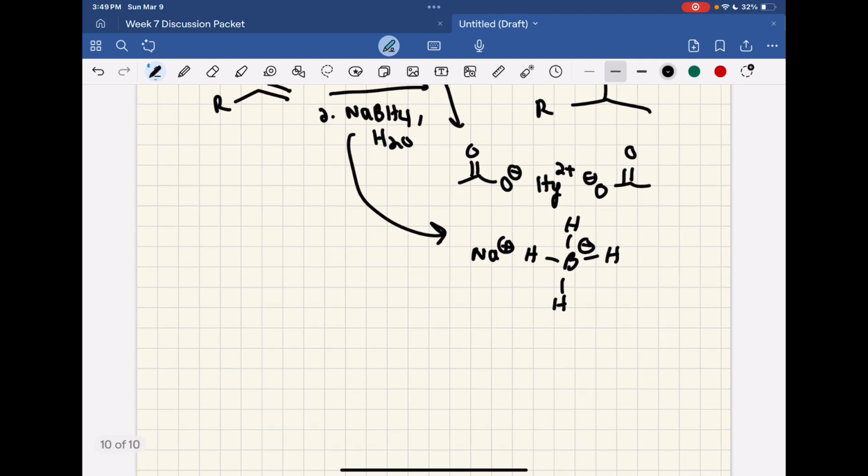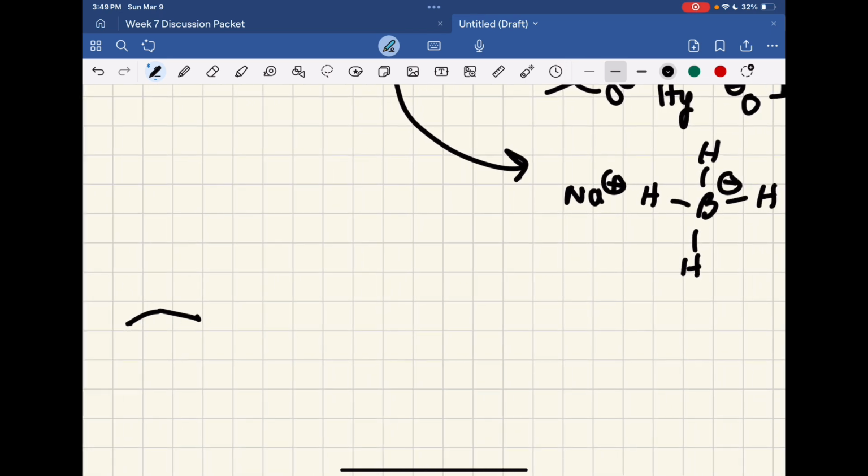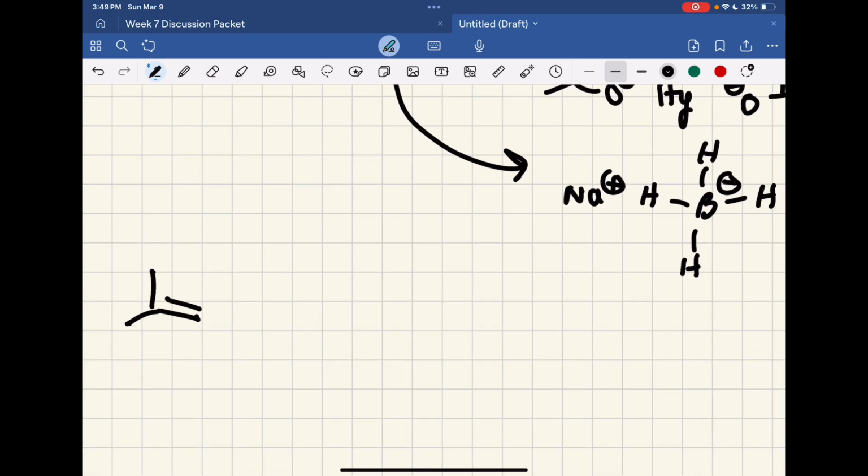So let's show the mechanism. We don't teach the full two-step process, but I'll show you as much as we do expect you to know. Essentially, we have this double bond, and we have mercuric acetate.